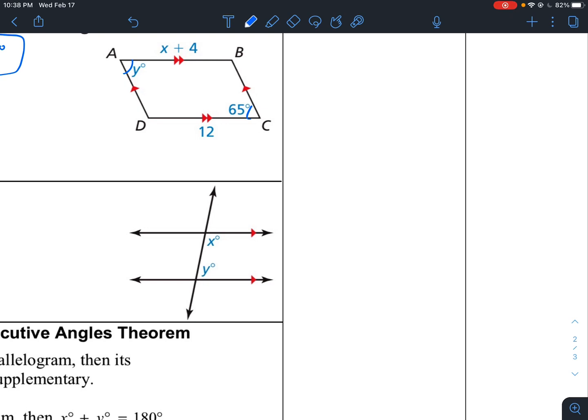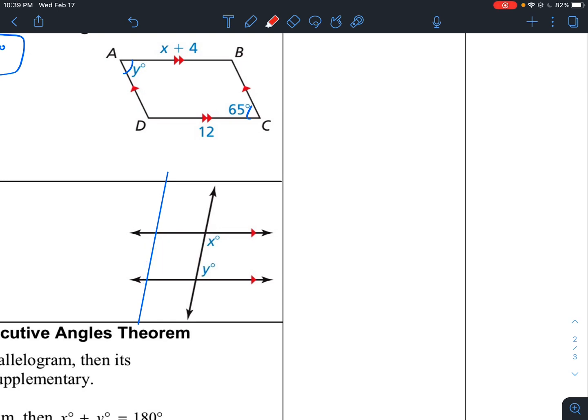So if I were to draw another line that was parallel with this line, like a second transversal, I'll draw that over here, you can see that this quadrilateral is a parallelogram, because by definition of parallelograms, the opposite sides are parallel.